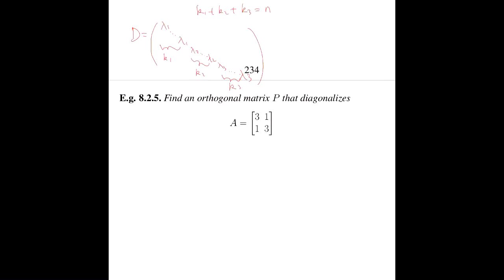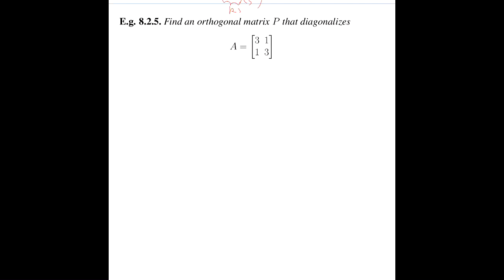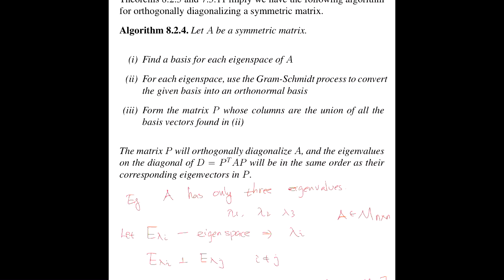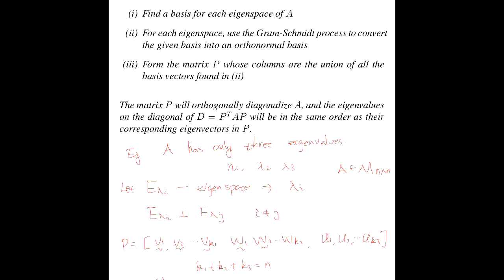This is a general example. Now let's consider a more explicit example. Find the orthogonal matrix P that diagonalizes this symmetric matrix A. This A is very explicit and simple, just a 2 by 2 matrix. So we follow that algorithm and find a basis for each eigenspace of A. But to do that we need to find the eigenvalues and eigenvectors.